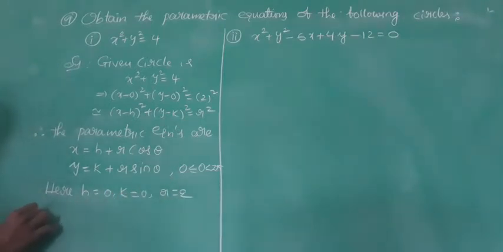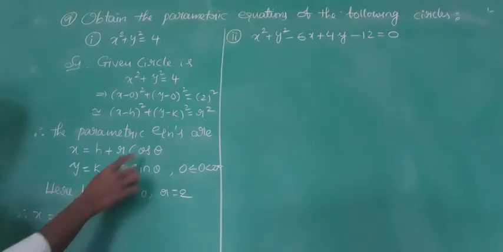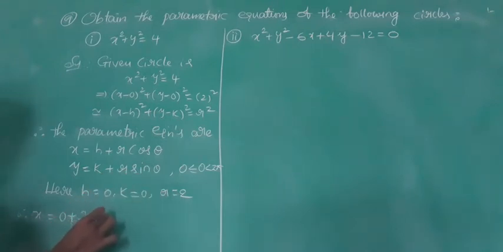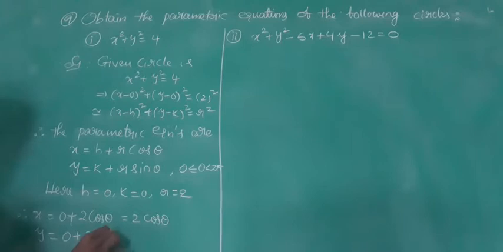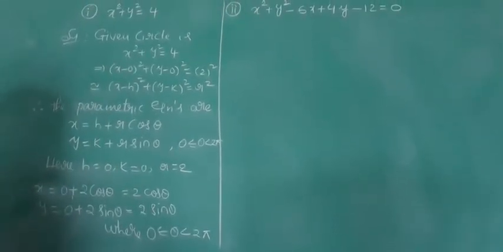Therefore, x = 0 + 2 cos θ, that is 2 cos θ, and y = 0 + 2 sin θ, that is 2 sin θ, where 0 ≤ θ < 2π.